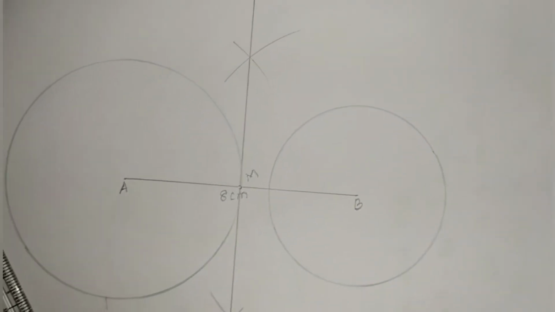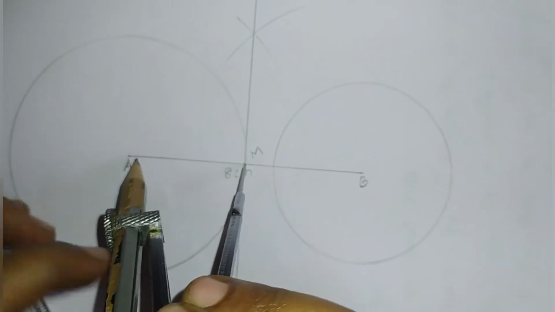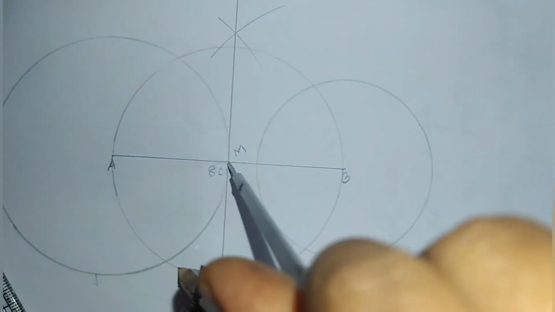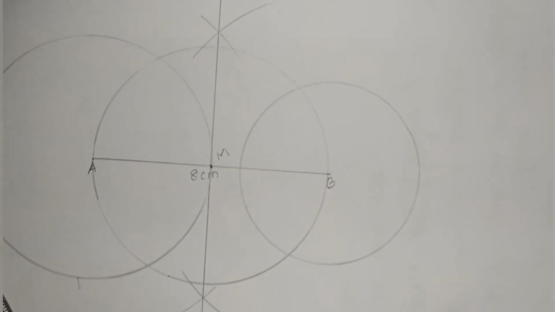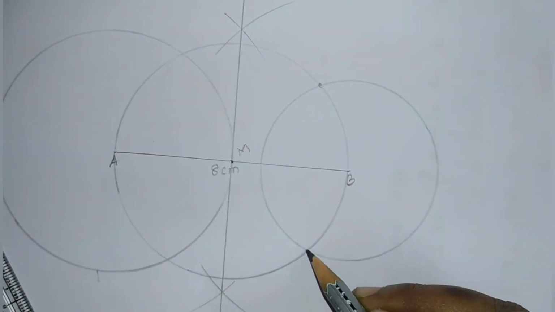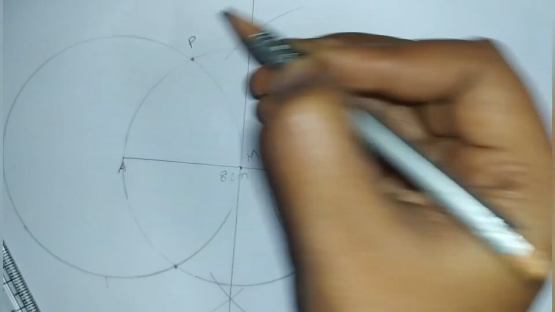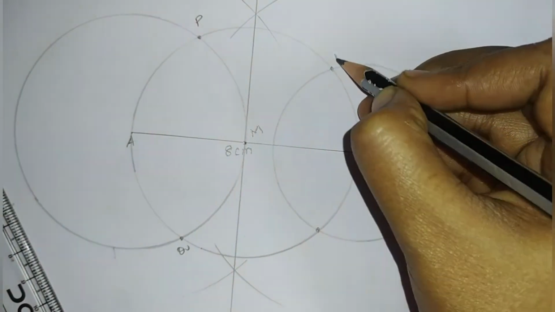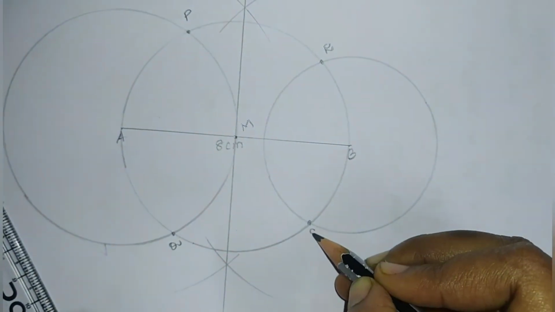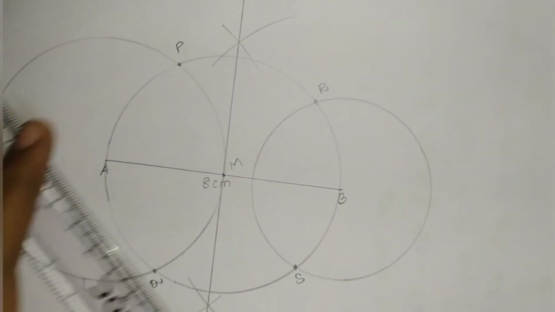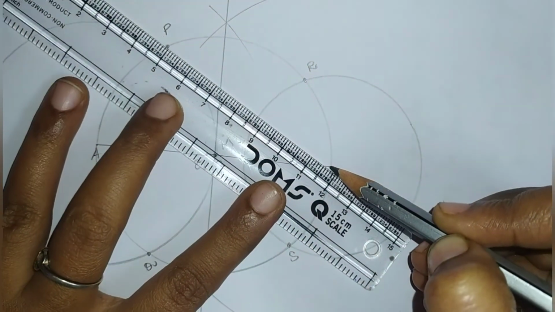Now construct a new circle. Measure AM and draw a new circle, and mark the meeting points here as P, Q, R, S. Now join BP.